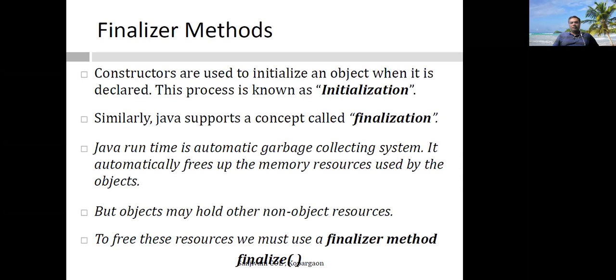But an object may hold some non-object resources, and when the programmer wants to free the non-object resources, in that case the finalize method is used to free them. For that, the finalizer method is used.